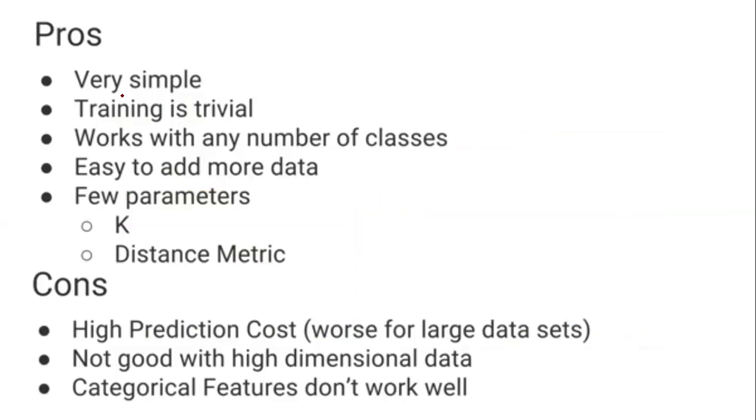Now some pros and cons. It is very simple, the mathematics is very easy, and the concept is very intuitive. I can just say, yeah, it should work, because you are defined by your neighborhood. Training is trivial, training is also very easy, and it works with any number of classes.